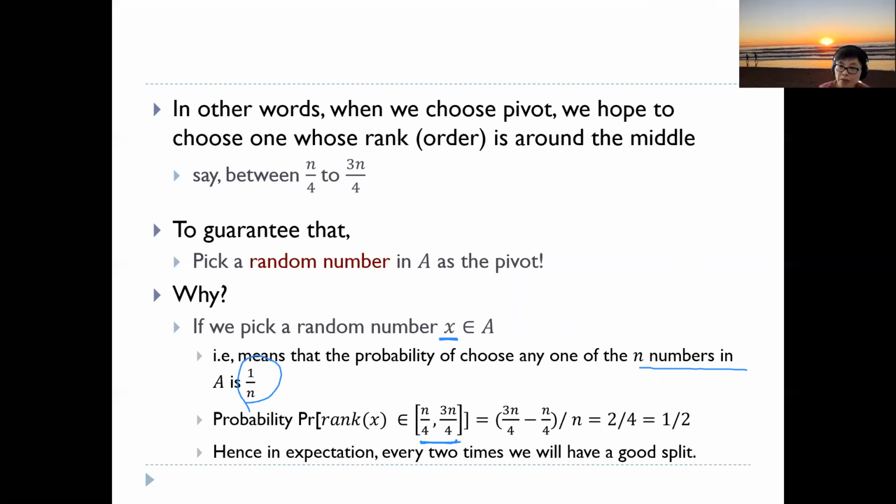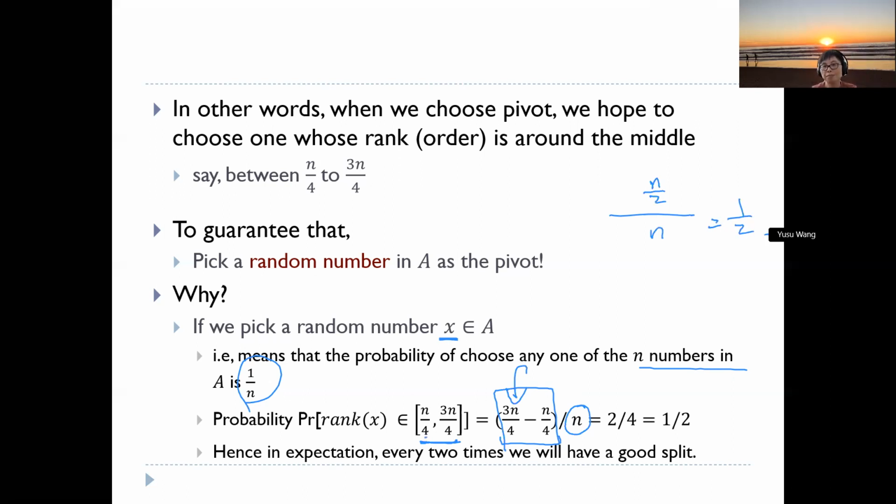The number of candidates for the pivot that satisfy this condition is 3n/4 minus n/4. You have this number of possible choices of the pivot, out of n in total. So the probability of picking a random one that falls into these good candidates is the ratio of their number, which is (3n/4 minus n/4) = n/2, divided by n, which is 1/2.